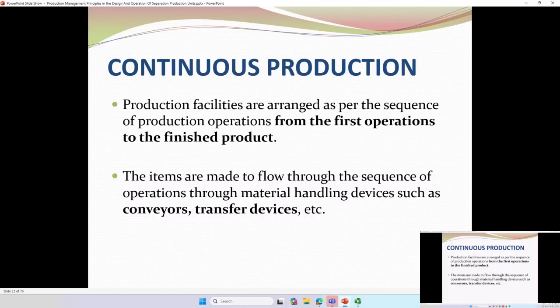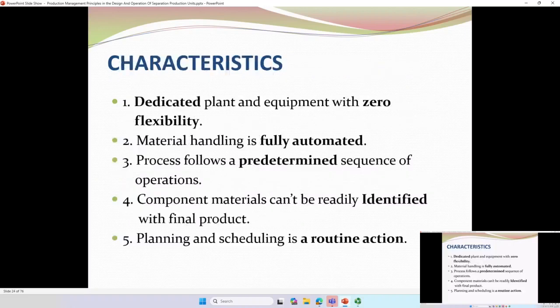The items are made to flow through a sequence of operations through material handling devices such as conveyors and transfer devices. Characteristics: dedicated plant and equipment with zero flexibility. Material handling is fully automated. The process follows a predetermined sequence of operations. Component material can be readily identified with the final product, as planning and scheduling is a routine action.